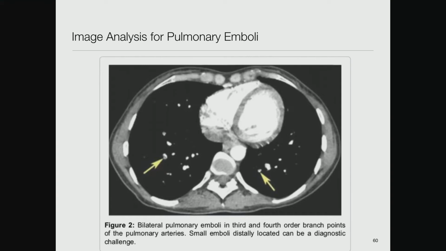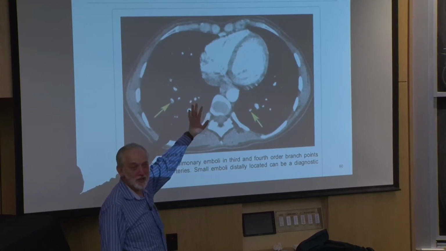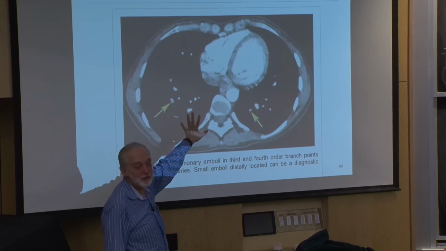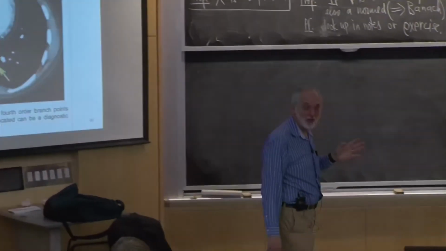So this is a transverse scan of the lung, and they have a deep learning machine that is able to identify these two yellow marked things as pulmonary emboli, as opposed to these other things that are just random flecks in the tissue. And I can't do that by eyeball. Maybe a good radiologist might be able to, but this is claimed in the paper to outperform decent radiologists already.